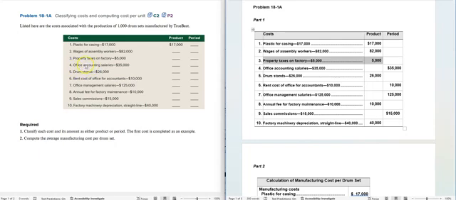The office accounting salaries. The accounting department has to account for not just the production department, the manufacturing area of the company, but the accounting department also has to account for all of the other transactions for sales and other operations in the business. So the accounting staff is not a cost of making the product, it is a cost of the period.